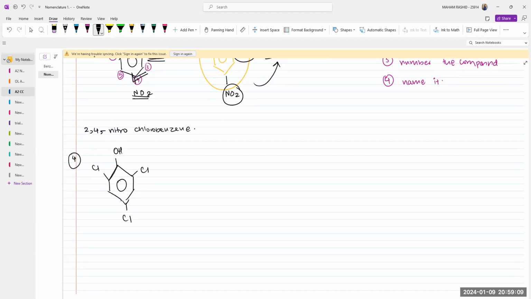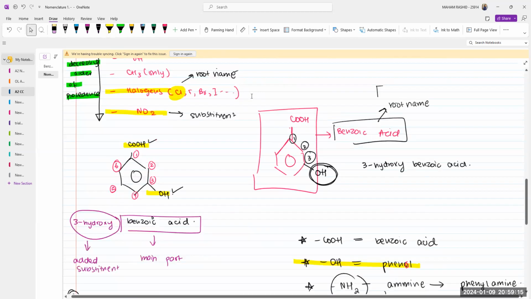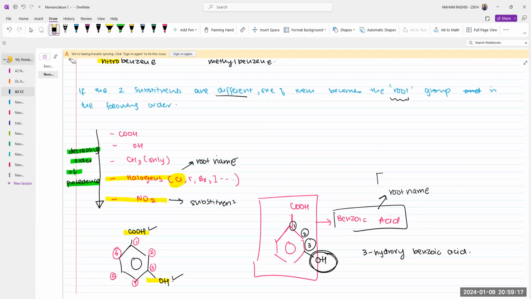So in this one, I have an OH group and chlorine atoms. Now let's check the order of precedence. There's chlorine and there's an OH. So my OH will be the root name since it comes higher in the order of precedence.